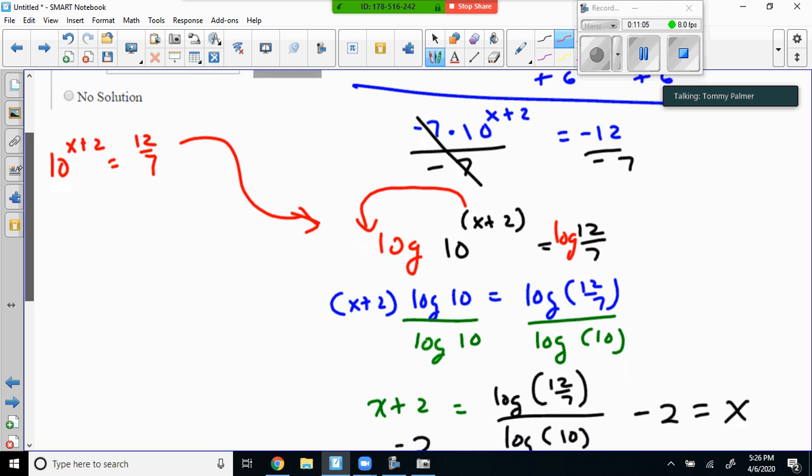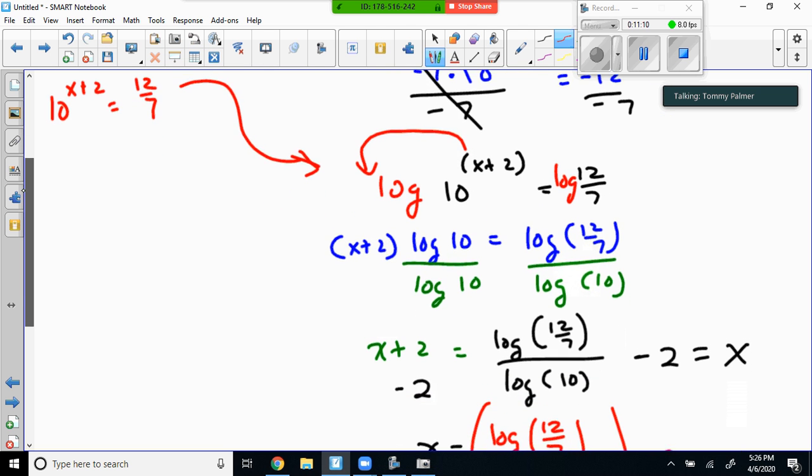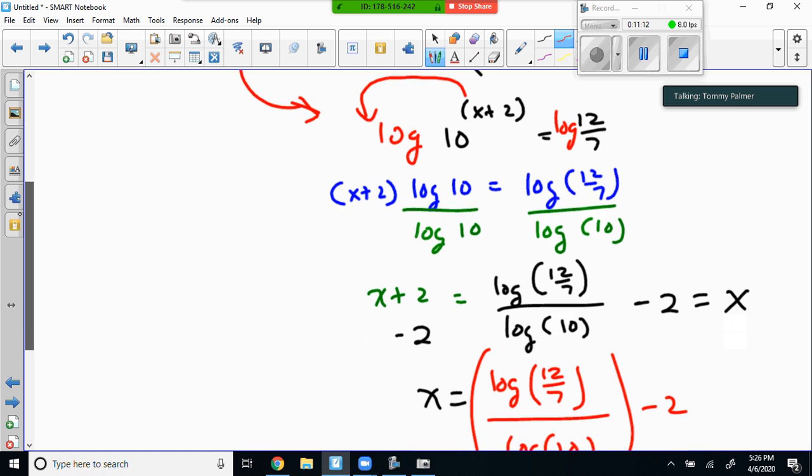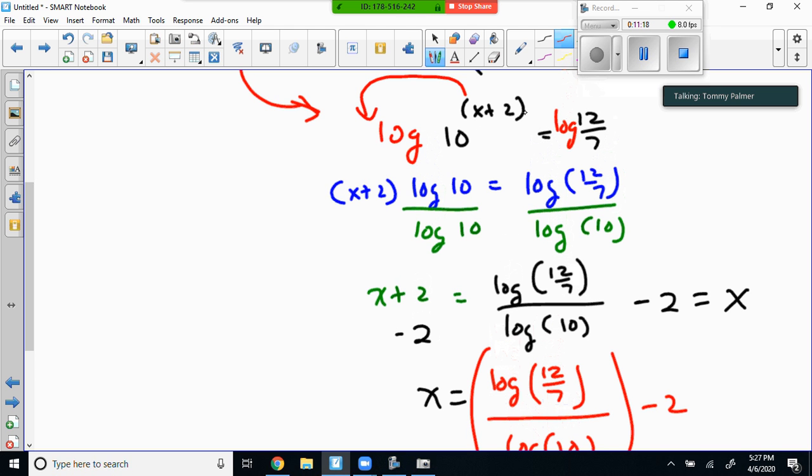So I isolated whatever base was being raised to a power. Then I took the log of both sides. And then I brought the power, x plus 2, out to the front. So that's x plus 2 times log of 10. Now I'm solving for x, so I'll just divide both sides by log of 10.